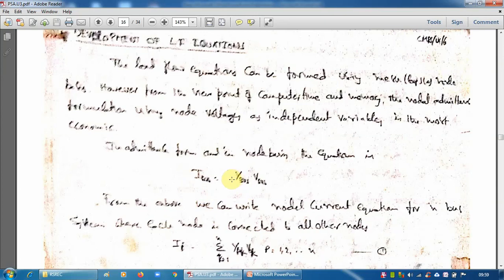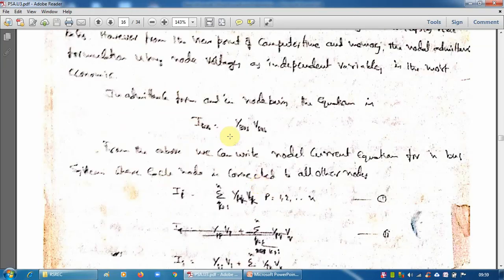That is the reason why the problem is to be formulated. We will see now how the equations to be solved are formulated.